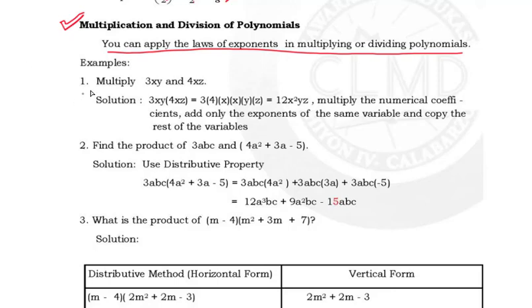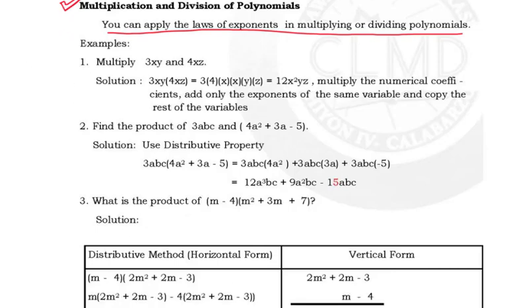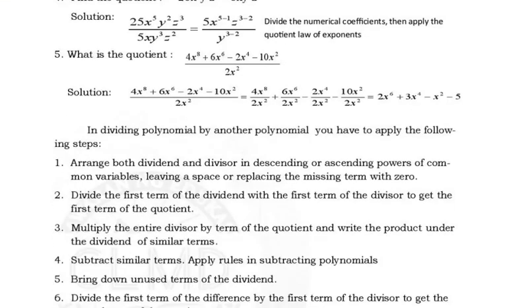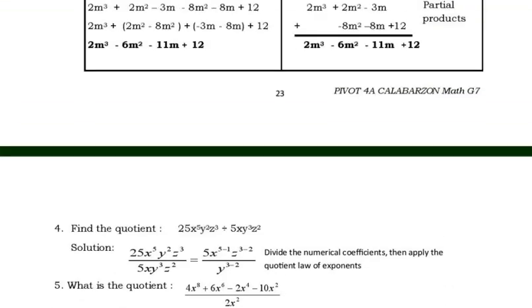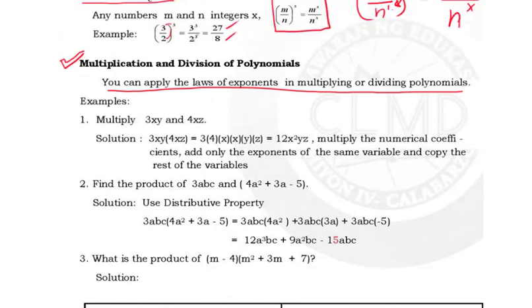We have five examples in multiplying and dividing polynomials.